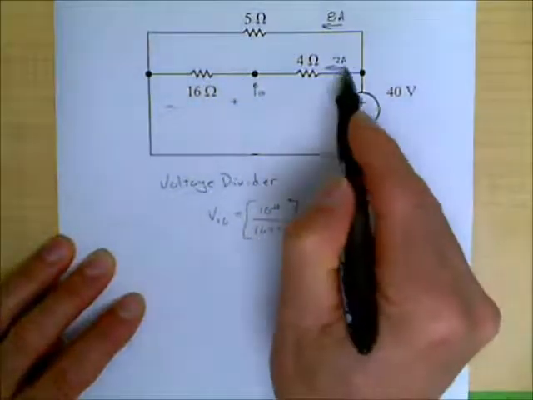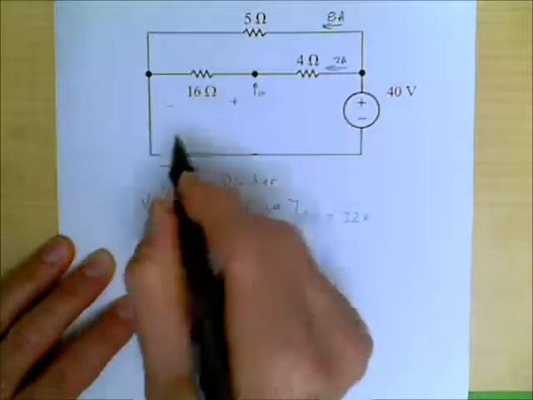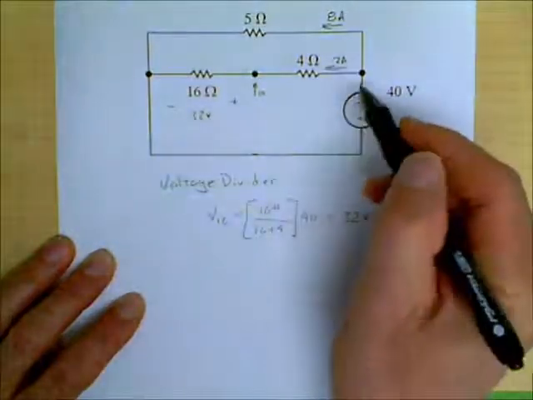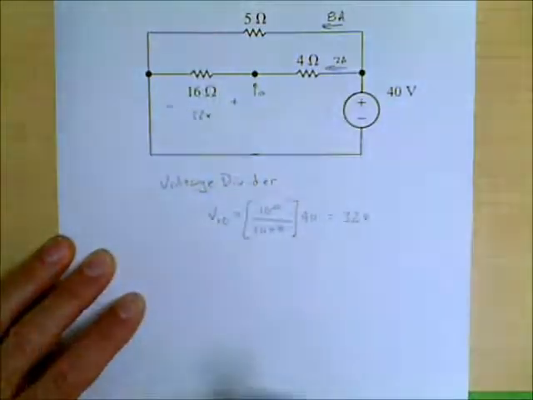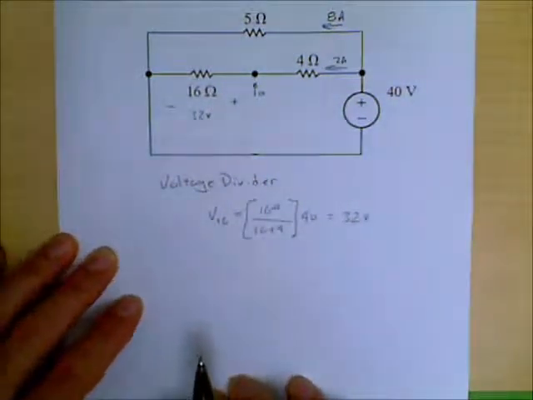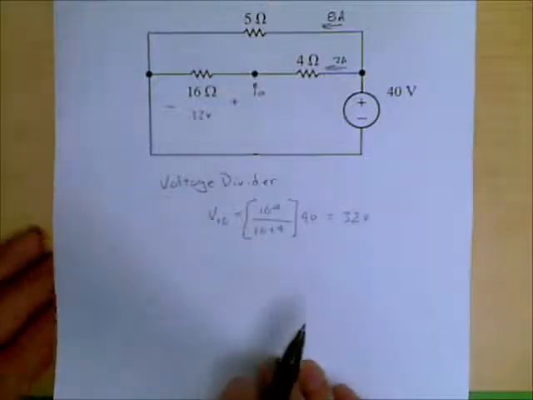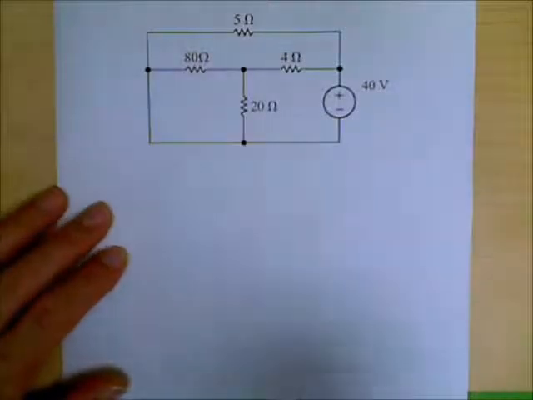We could have determined that because it was 2 amps multiplied by 16 ohms. It should come up to 32 volts. And so either way, you can use the current, or you can use the concept of a voltage divider to determine what the voltage across the 16 ohm resistor is. But we recognize that that 16 ohm resistor is a combination, and that combination is made up of a 20 ohm resistor and an 80 ohm resistor.